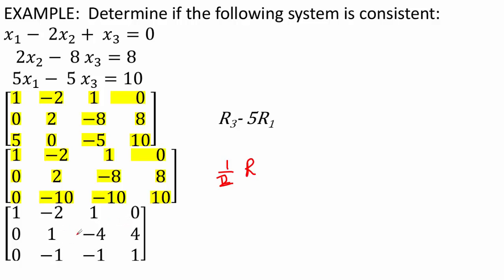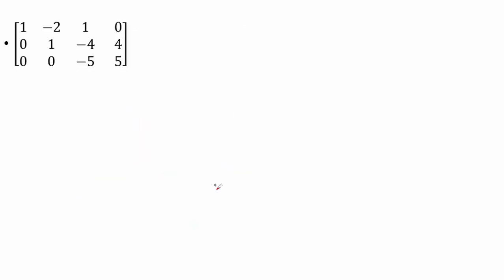And for the third row, we shall apply 1 by 10 R3, and that becomes 0, minus 1, minus 1, 1. And then to make that element 0, we shall add R2 and R3, and the third row becomes 0, 0, minus 5, 5.